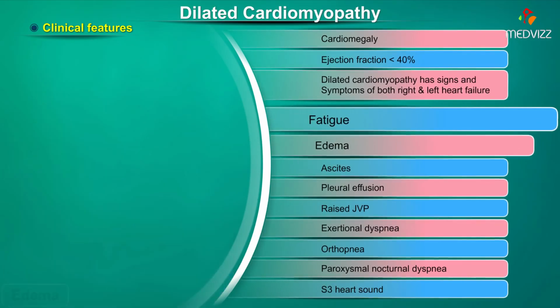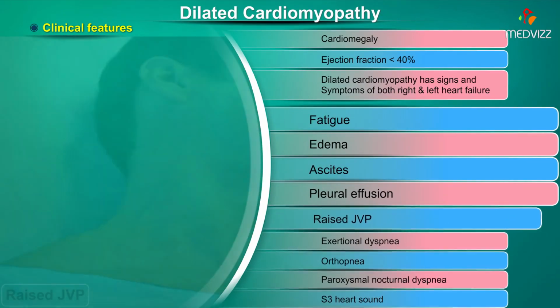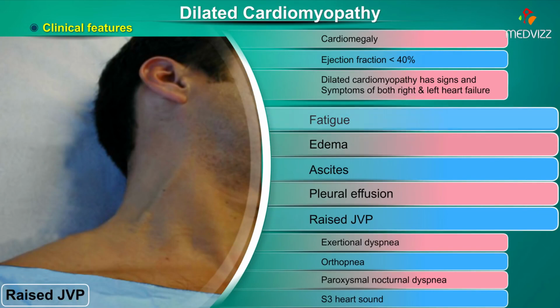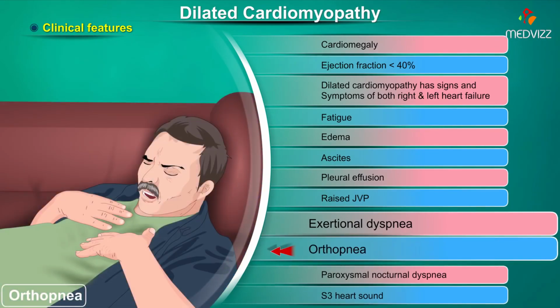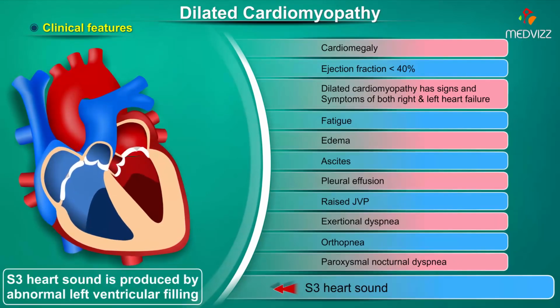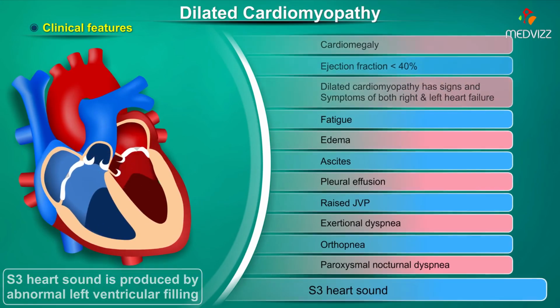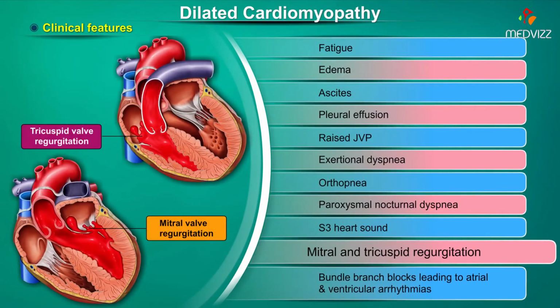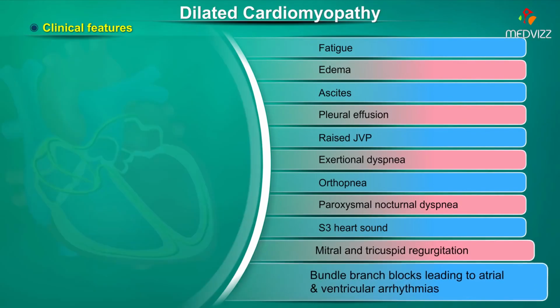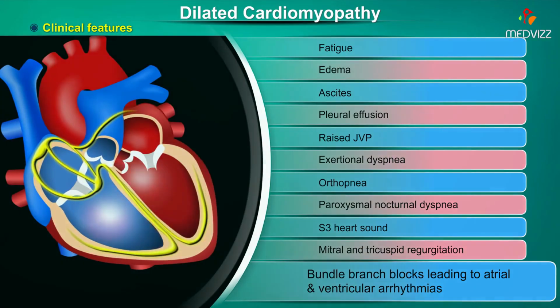Fatigue, edema, ascites, pleural effusion, and raised jugular venous pressure are the features of right heart failure, whereas exertional dyspnea, orthopnea, and paroxysmal nocturnal dyspnea are features of left heart failure. S3 is highly specific for dilated cardiomyopathy. There can be mitral and tricuspid valve regurgitation, along with bundle branch blocks leading to atrial and ventricular arrhythmias.